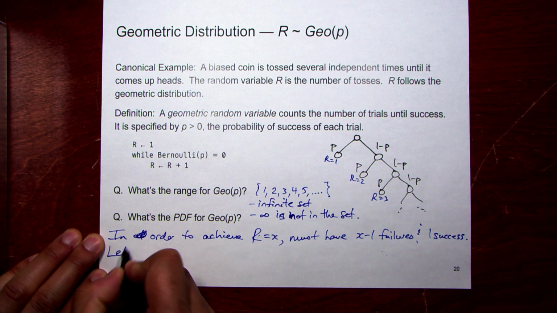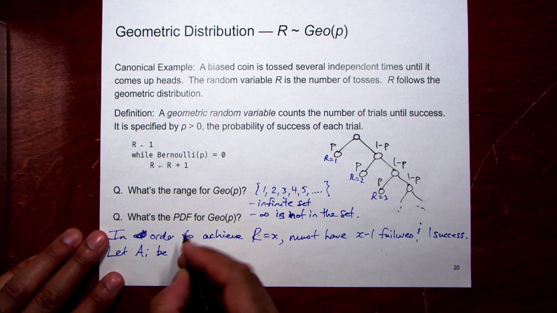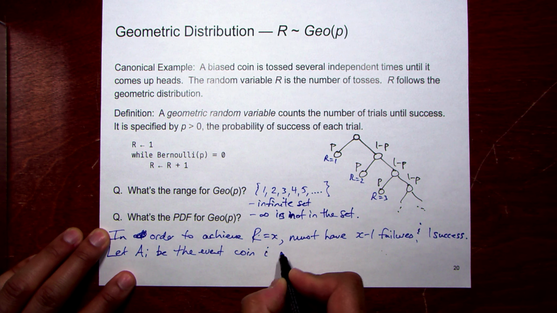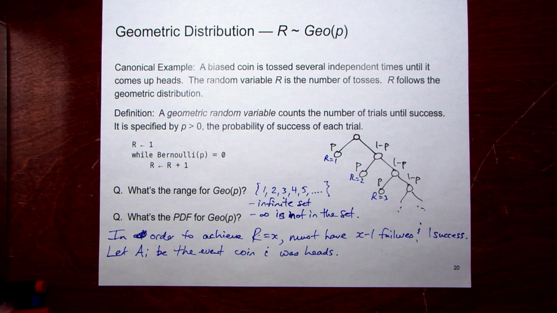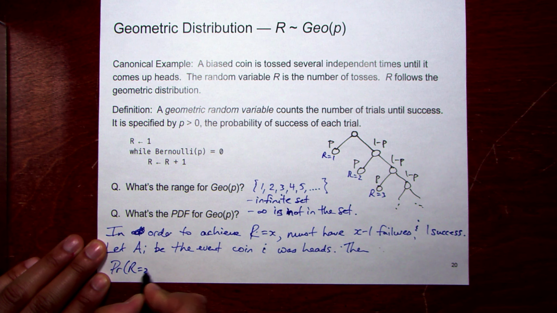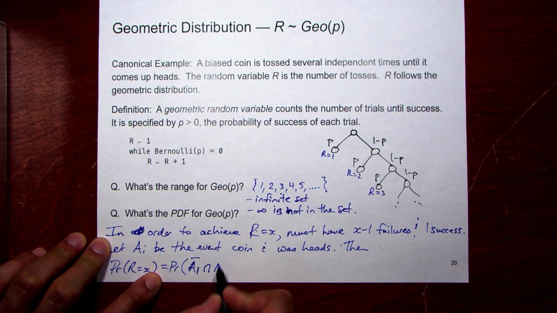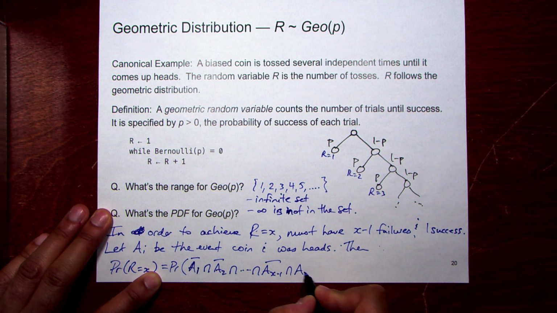So we can define a sub i to be the event that coin i was heads. Then the probability that r equals x is exactly the probability that the first coin a sub 1 was tails, and a sub 2 was tails, and a sub 3, and all of them up to a sub x minus 1 was tails, and a sub x was heads.